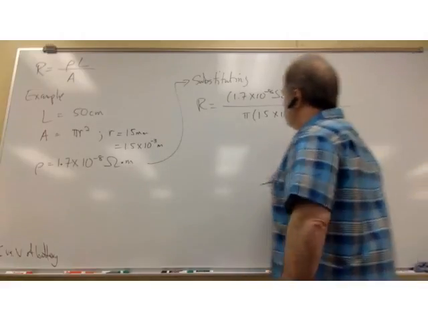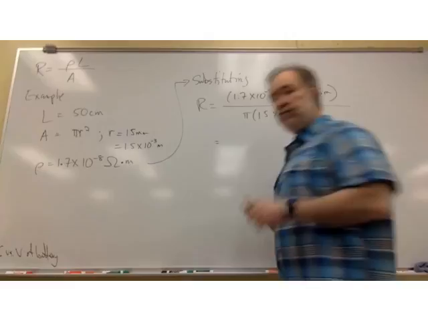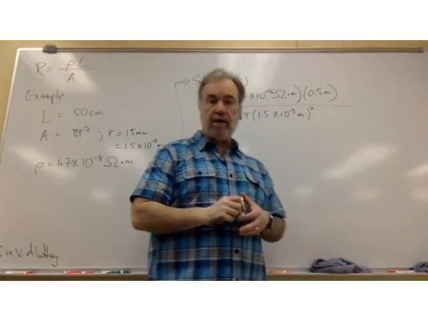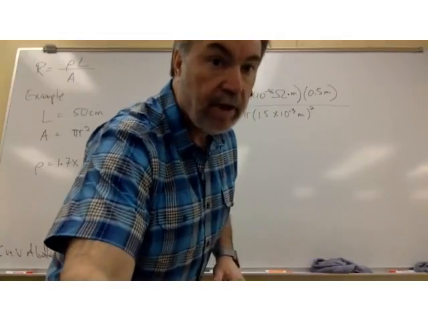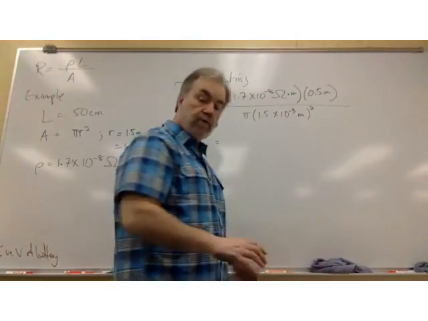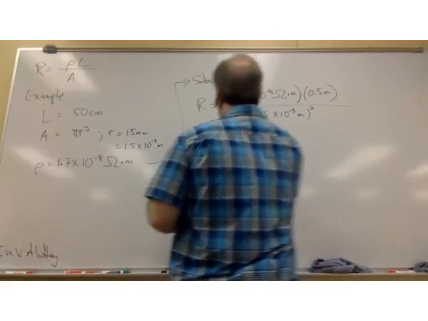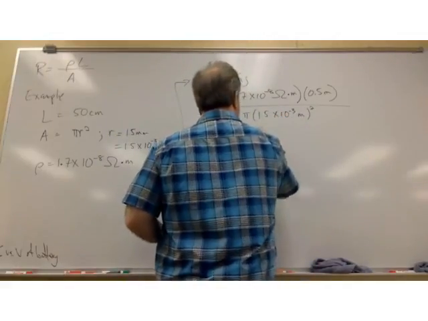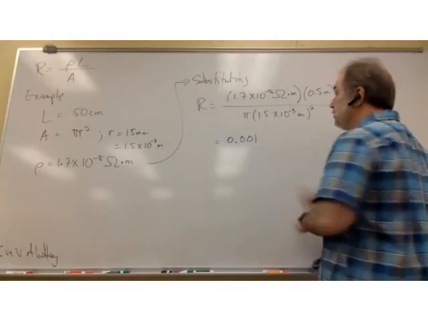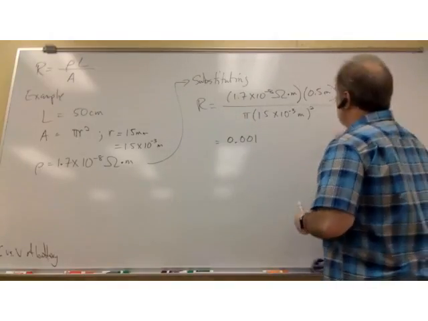And if I do that, I guess what I'll do is I'll pause the recording, punch that up in my calculator, and come back. So pause. Okay, probably you already punched it up. I got 0.001, and checking out the units here, we expect to get units of ohms.